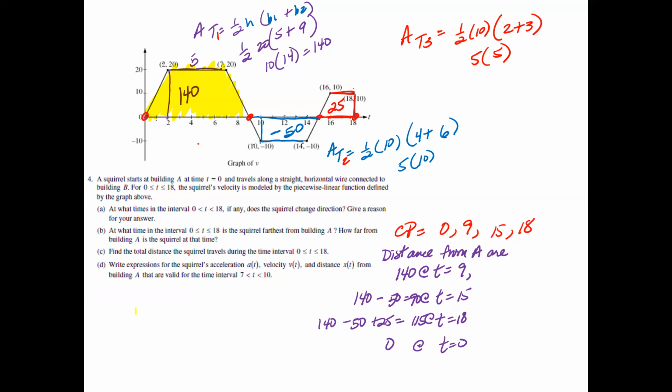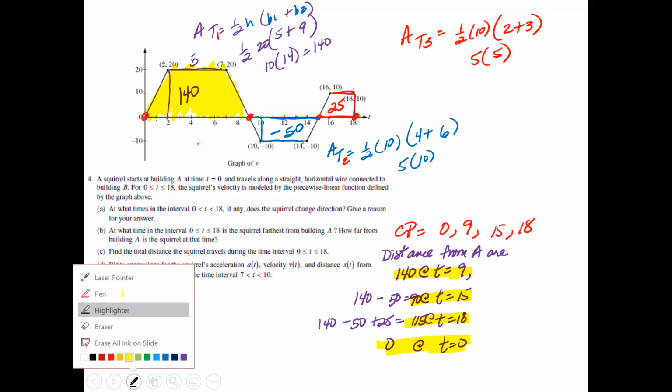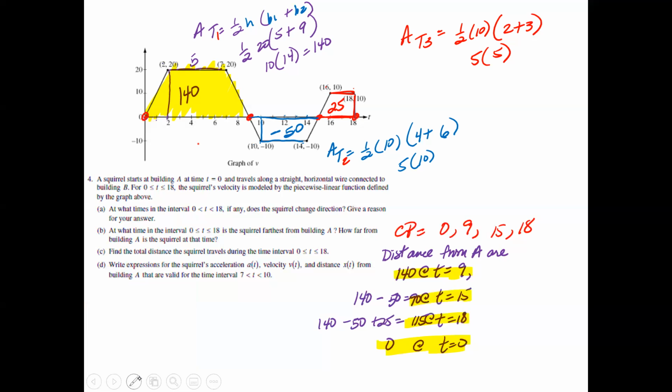So looking at the maximum distance, 140 feet at 9, 90 at t equals 15, 115 at t equals 18, 0 at t equals 0. So which one has the furthest distance? And sometimes it's easy to become complacent with what the question's asking you. So how far from the building A is the squirrel at this time?